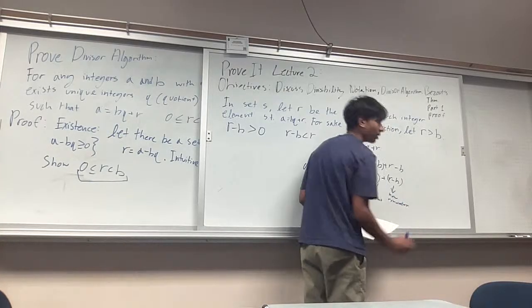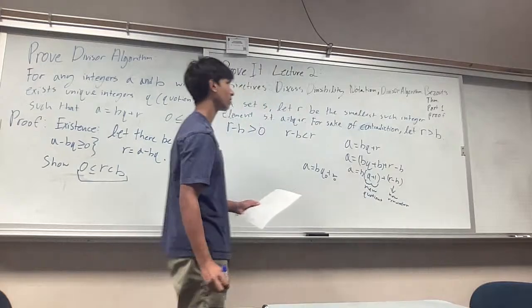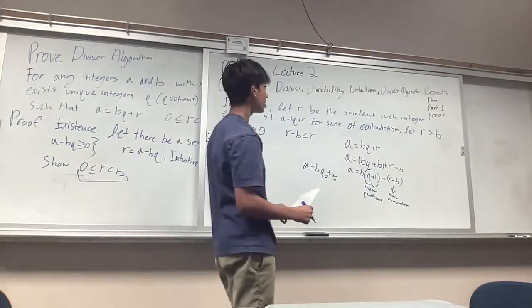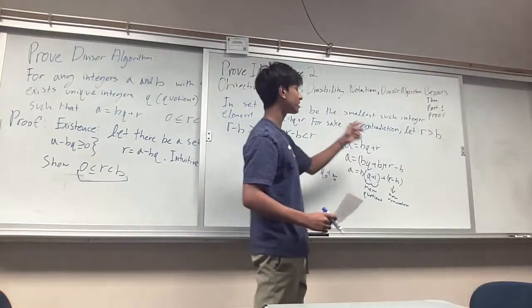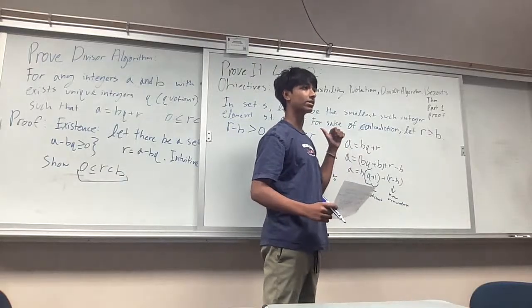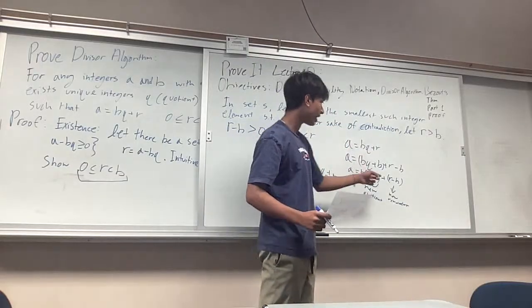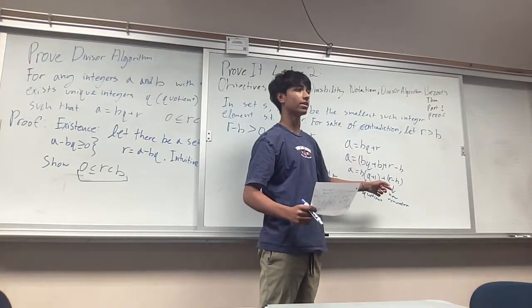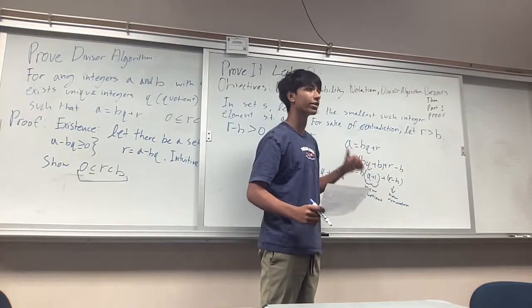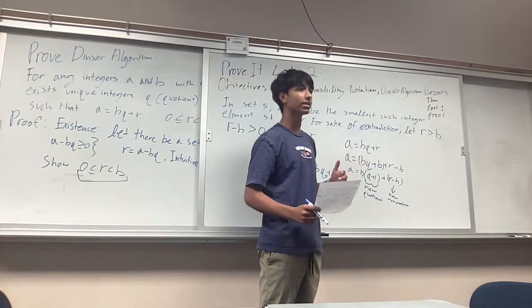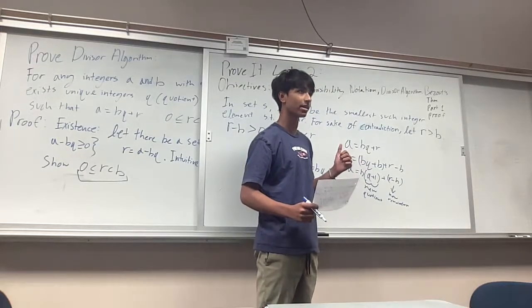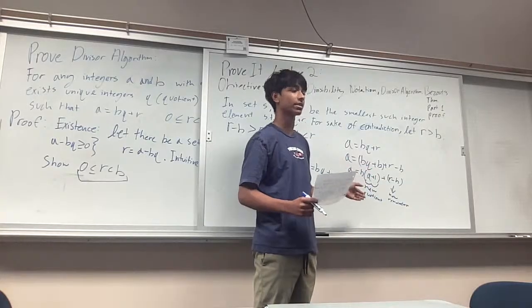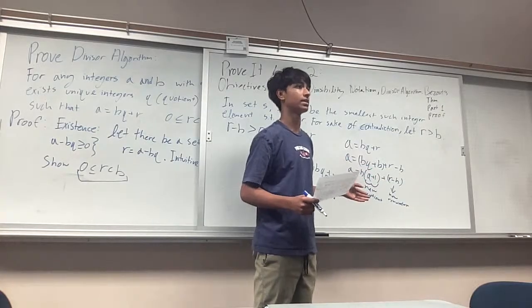Why is this a problem? Think about contradiction. We defined r to be the smallest such integer that satisfies this. And yet we have found a new remainder that also satisfies this. That's r minus b, and r minus b is smaller than r. How can r be the smallest element in that set if r minus b is clearly smaller and still satisfies the condition of these sets? It can't.